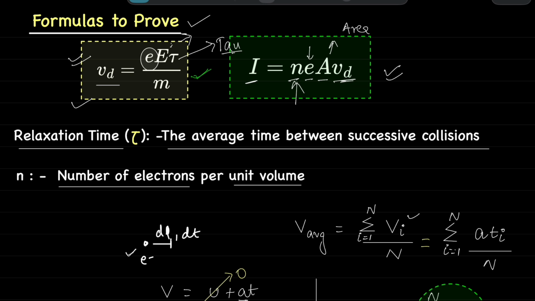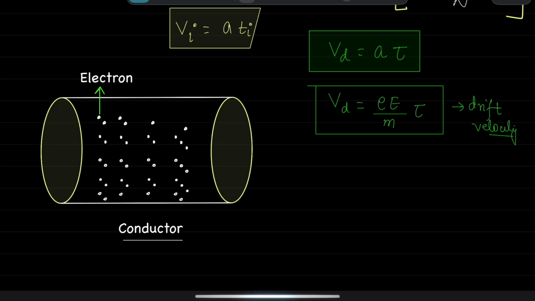Now how will we prove that current I is equal to NEA Vd? Let's prove it. Let's consider any area at a specific time dt. Some of the electrons displace their position.